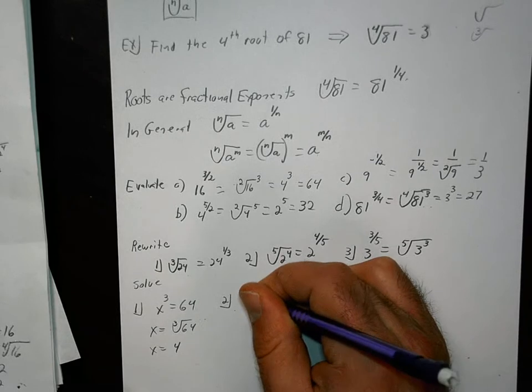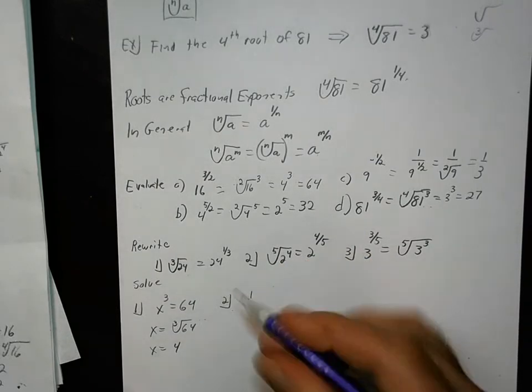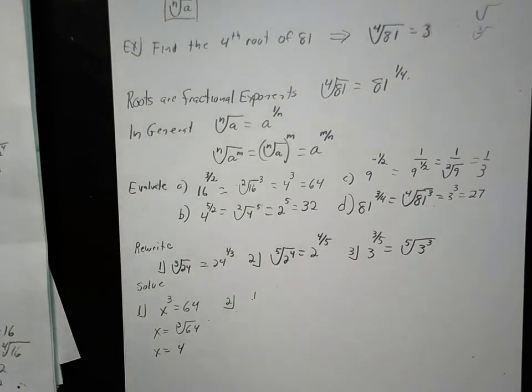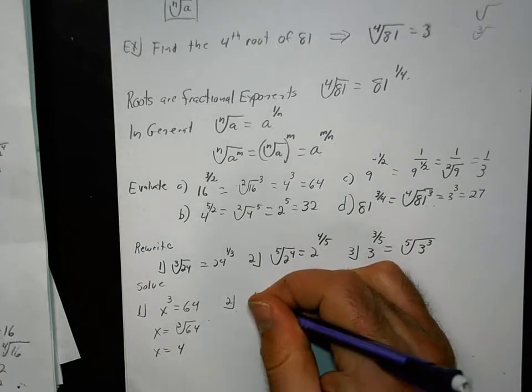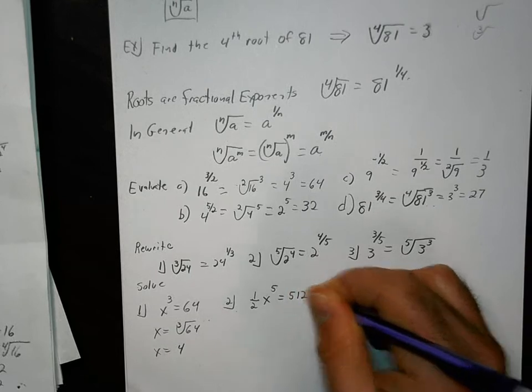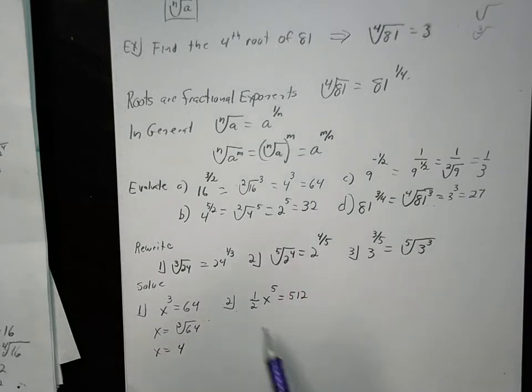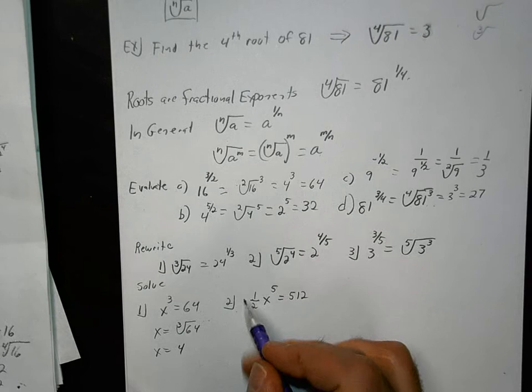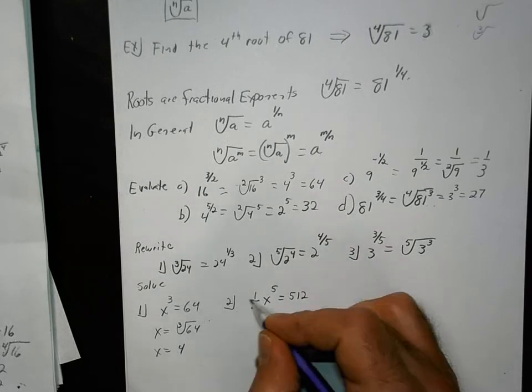Second one here. 1/2 x to the 5th equals 512. How would I solve that? First I have to undo the 1/2, so I could multiply both sides by 2.